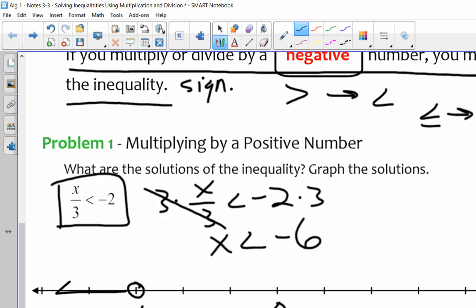The symbol's pointing to the left, so I draw my line to the left. And there you go. Now I did not flip the sign. We just had this rule, flip the sign, but it's when I divide or multiply by a negative. I didn't multiply by a negative, I multiplied by a positive. Okay, so we just got to keep it straight.